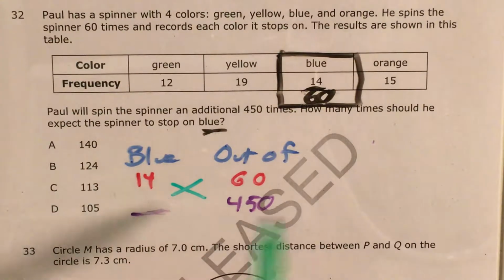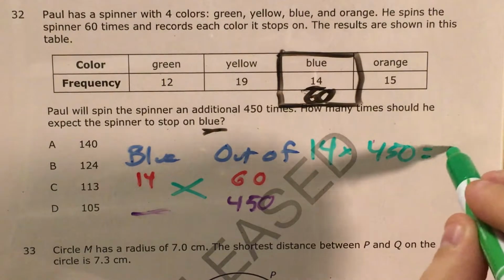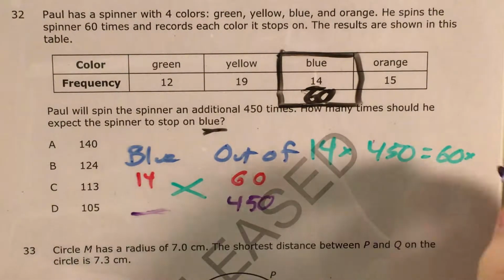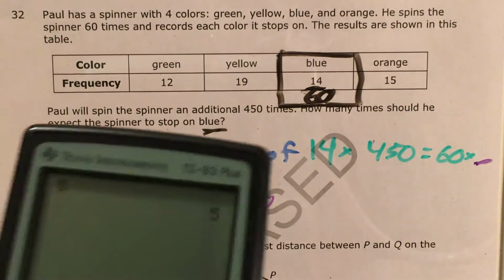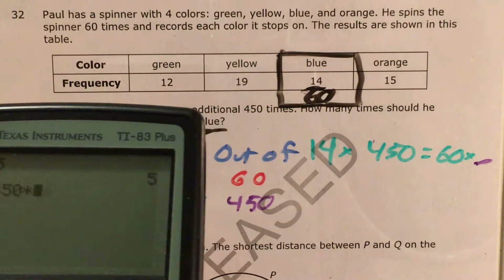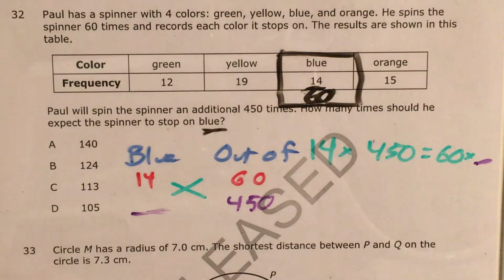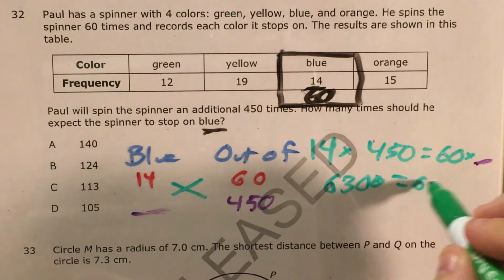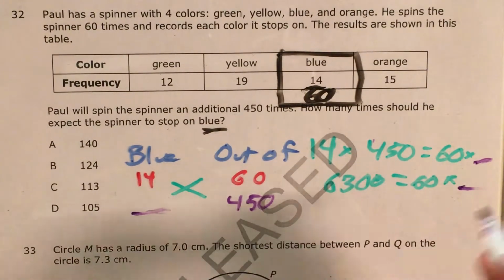And I'm going to have to say that, okay, 14 times 450 equals 60 times some number that I don't know yet. I use my calculator to figure out that 450 times 14 is actually 6,300, which I know is 60 times something.